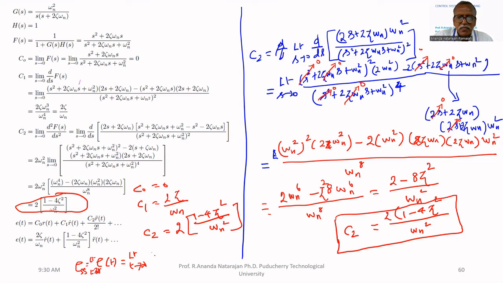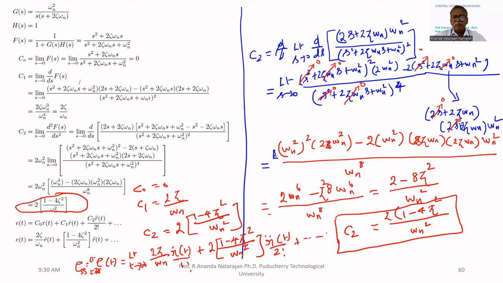The second term is there: C1, which is 2 zeta upon omega n, times r dot of t divided by 1 factorial, plus C2, which is 2 times 1 minus 4 zeta square upon omega n square, times r double dot of t divided by 2 factorial, plus etc. Here the 2 and 2 factorial get cancelled. That's all.